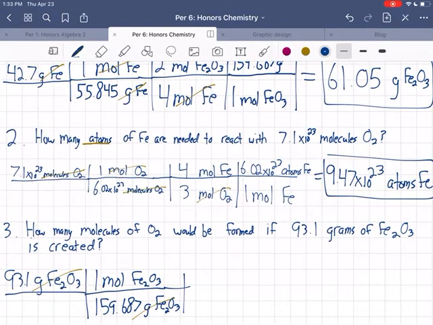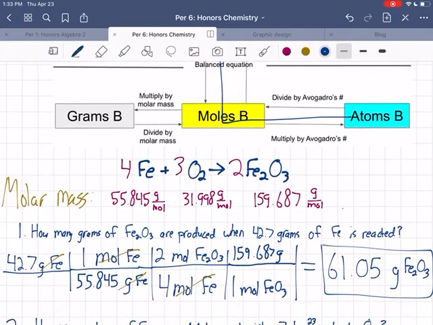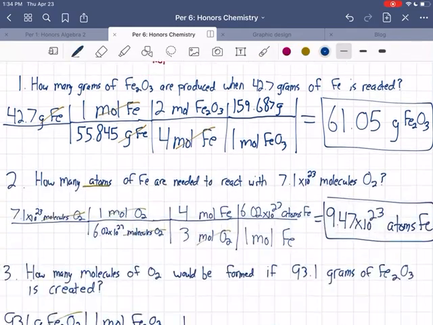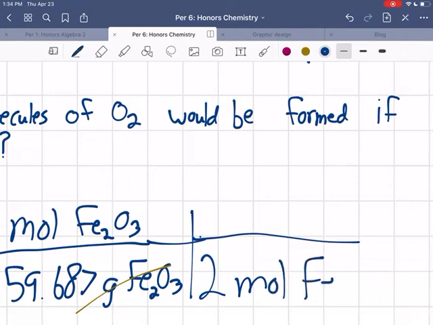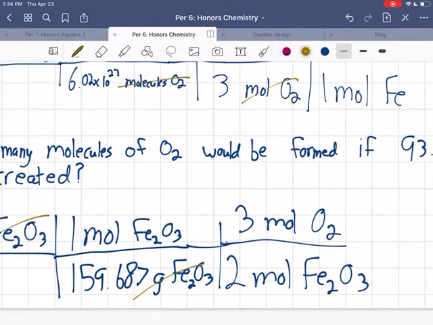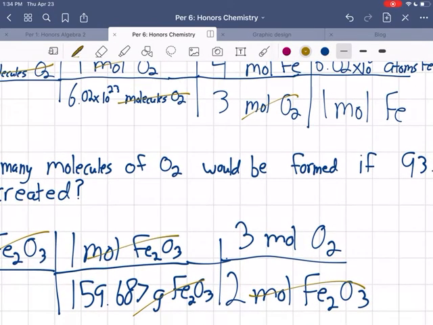Then we use our balanced chemical equation to go from moles of iron oxide to moles of oxygen. We have a 2 and a 3. That 2 is in front of iron oxide, so we'll put that down there. And that 3 was for our moles of oxygen. Using that, we've now converted from moles of iron oxide to moles of oxygen.